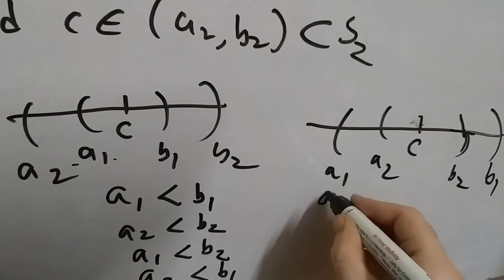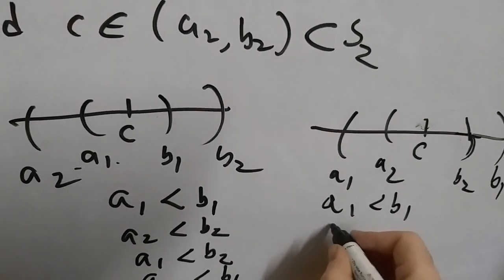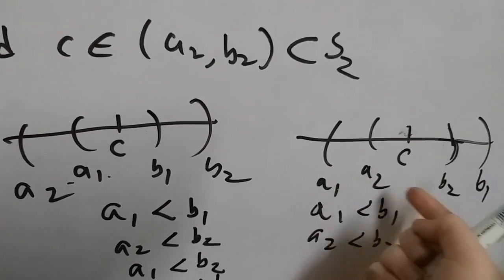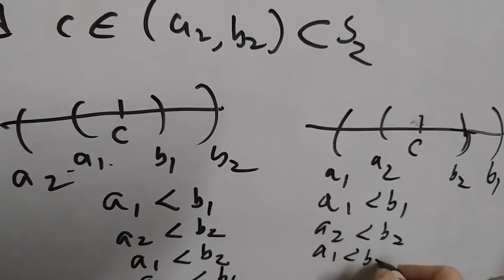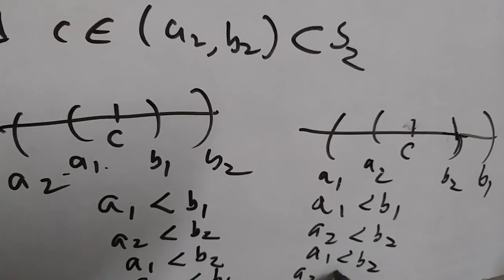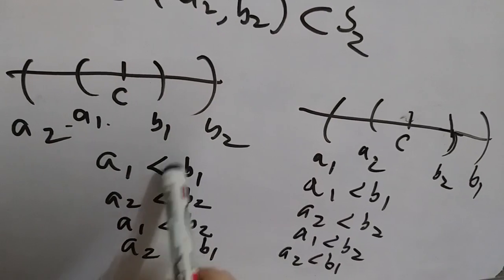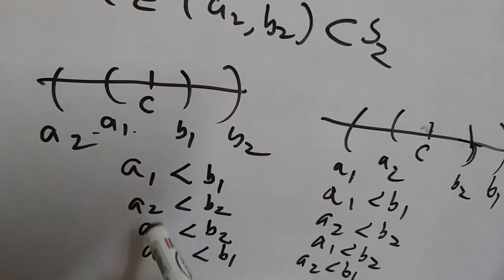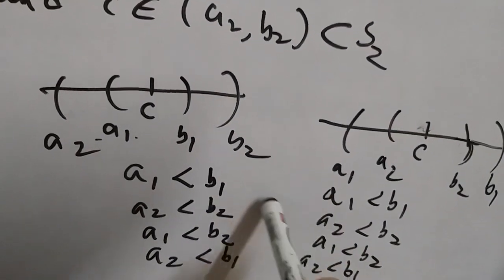So first we write a1 less than b1, a2 less than b2, and a1 less than b2 and a2 less than b1. So from these two, a1 less than b1, a2 less than b2, a1 less than b2, a2 less than b1. Similarly this also. So both are same.